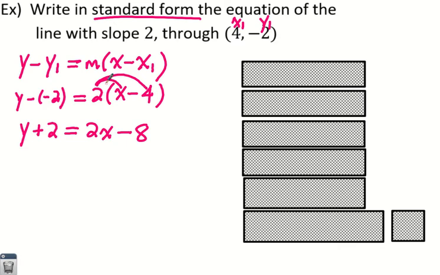So as I look at this equation right here, I see that the plus 2 is not in the right place here, so I'm going to get that out of there. So y equals 2x minus 10, and it looks like my x term is not supposed to be on the right side of the equation, it's supposed to be on the left side.